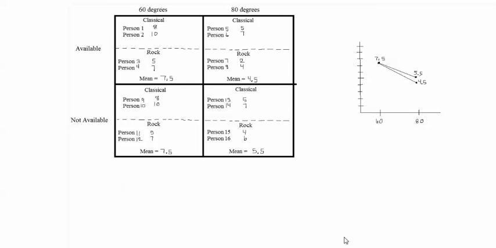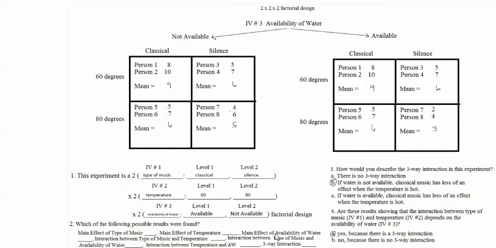So we found all three of those interactions. We found all three main effects. We found all three interactions. So these are all check marked. The last thing we have to check for is a three-way interaction. To find out if there's a three-way interaction, you have to break things back down into a 2 by 2 by 2 design, which means we go back to this type of diagram right here where we have 8 boxes.